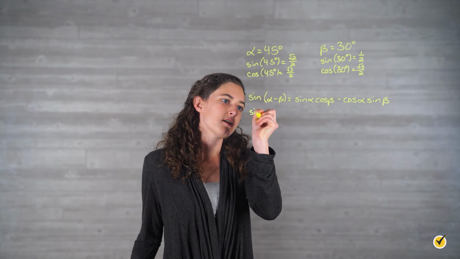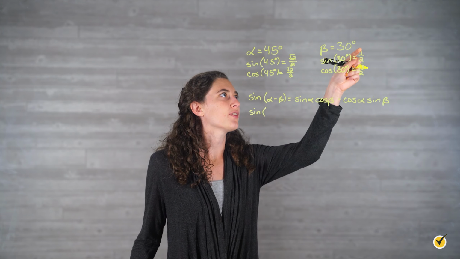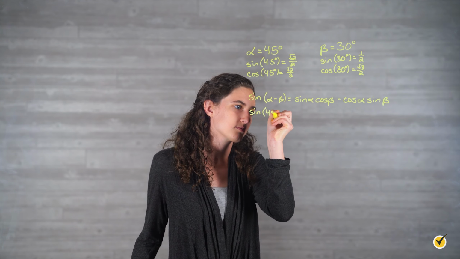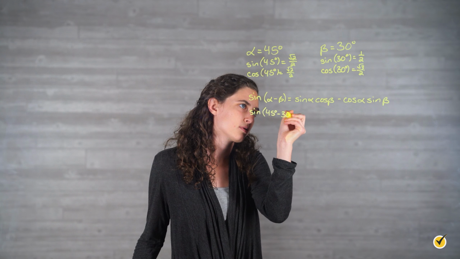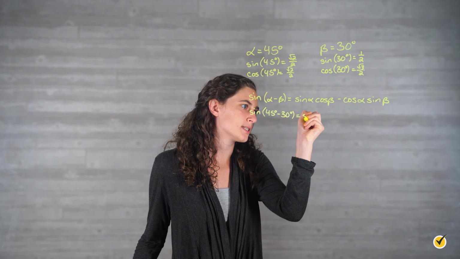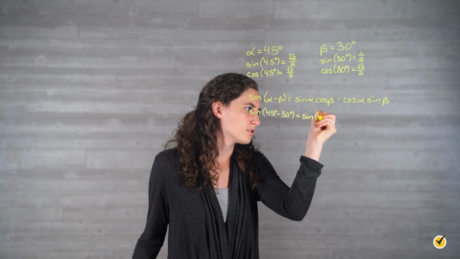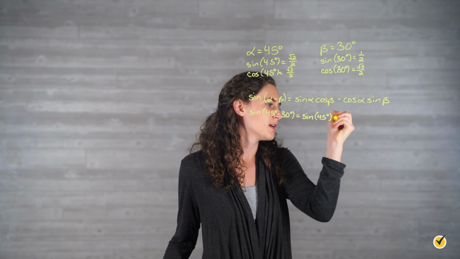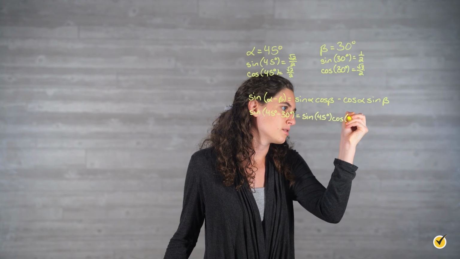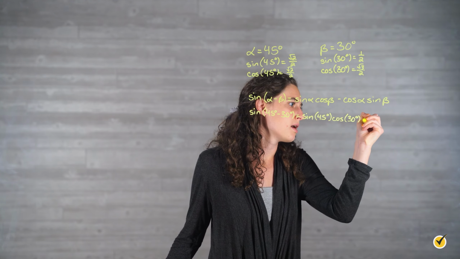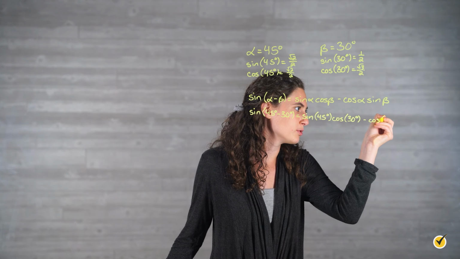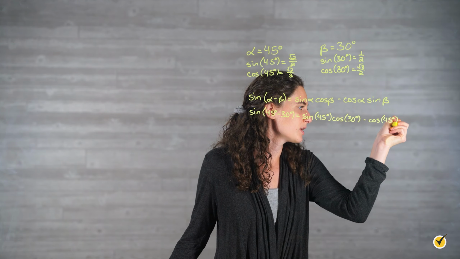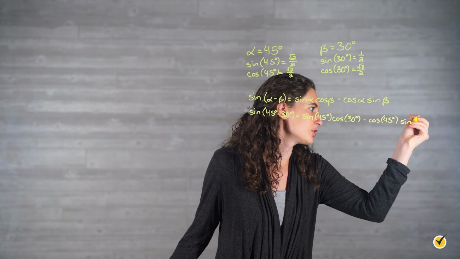So we have the sine of alpha minus beta, which is 45 degrees minus 30 degrees, equals the sine of alpha, so the sine of 45 degrees, times the cosine of beta, which is 30 degrees, minus the cosine of alpha, which is 45 degrees, times the sine of beta, which is 30 degrees.